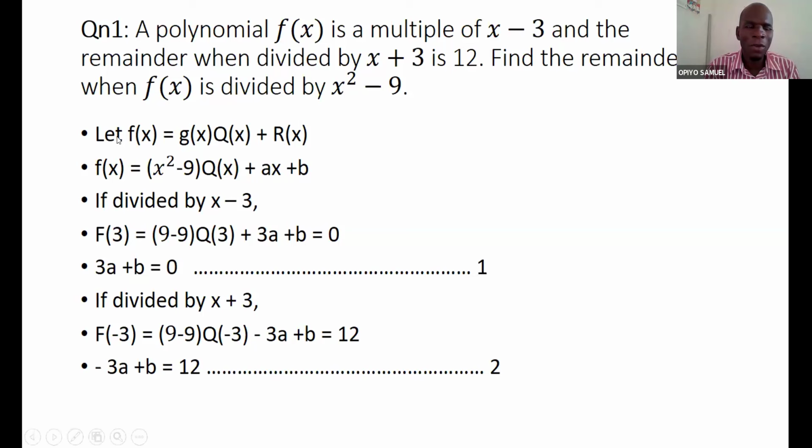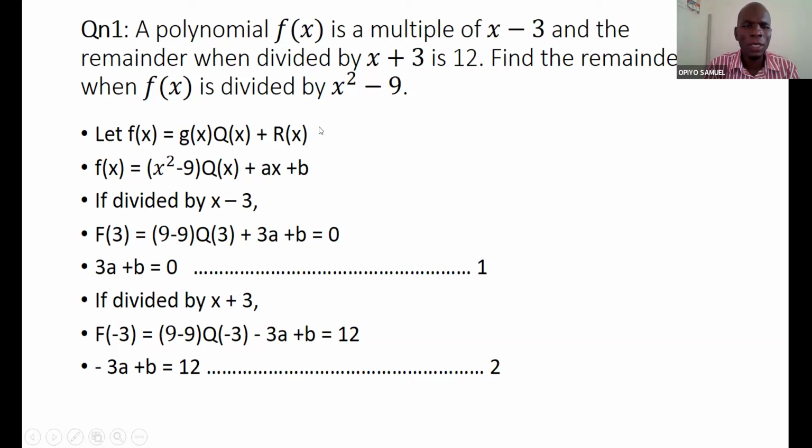The standard form of a polynomial is given by our first bullet here, where we have let f(x) = g(x)q(x) + r(x). Here, g(x) is the divisor. You can also call it divider. q(x) is the quotient, and r(x) is the remainder.